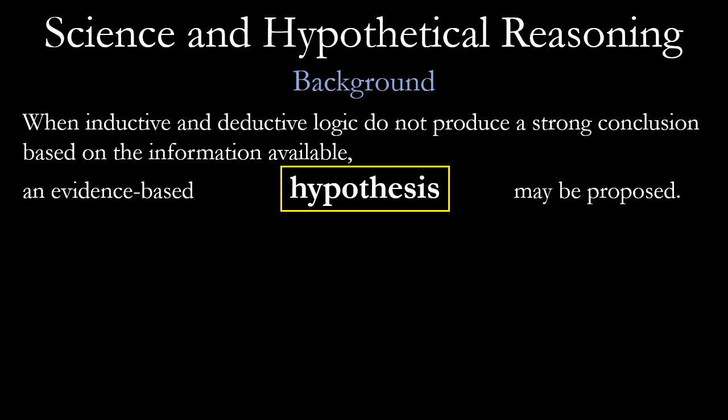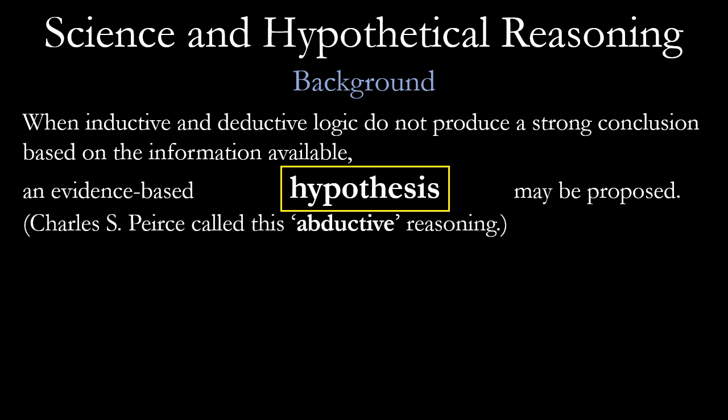We need to form a kind of supposition, which is based on the evidence. So what we know or what we can see, we might not be able to arrive at a strong inductive argument. We might not be able to arrive at a valid deductive argument, but we'll suppose something. This has been called abductive reasoning. So inductive reasoning, deductive reasoning, abductive reasoning is hypothetical reasoning.